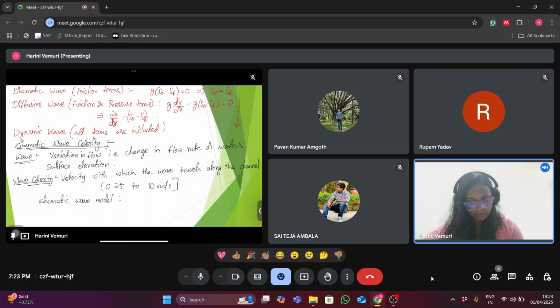The kinematic wave model, as we have discussed, is dou Q by dou x plus dou A by dou t equal to q from continuity.